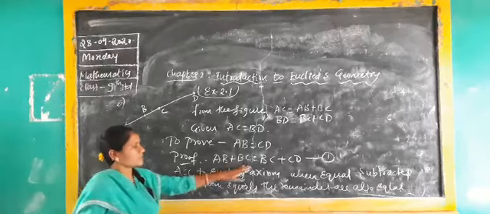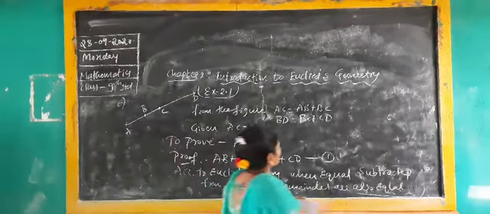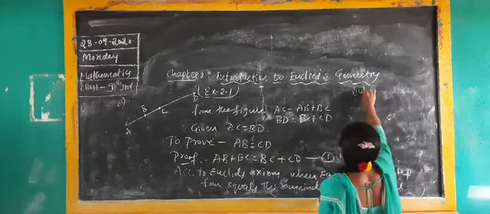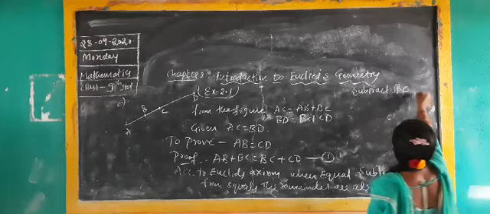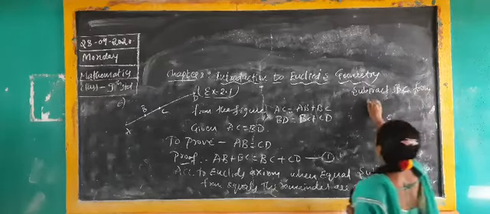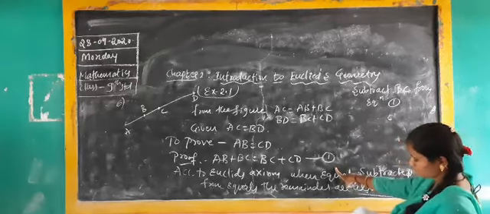Here AB plus BC is equal to BC plus CD. Subtract BC from equation 1. Where is the equation? In this, subtract BC.